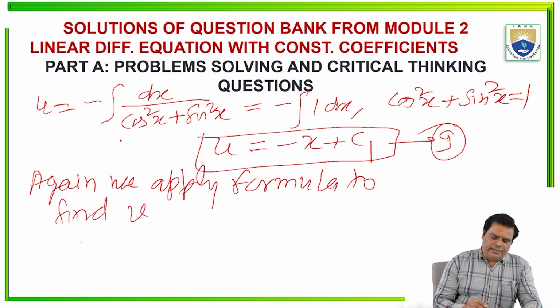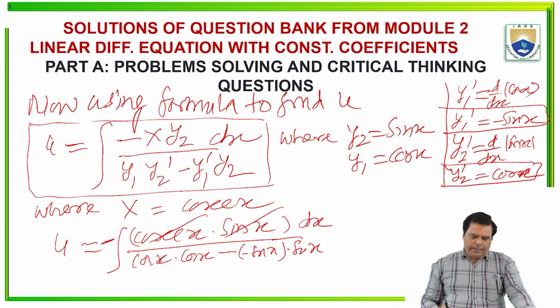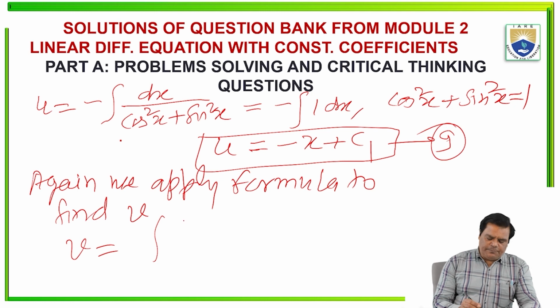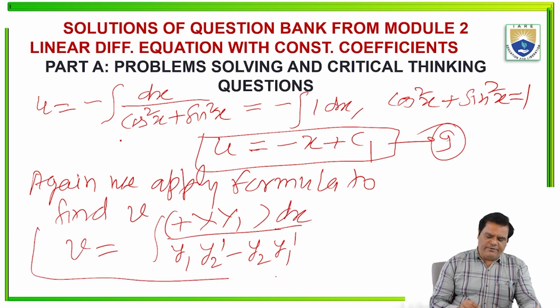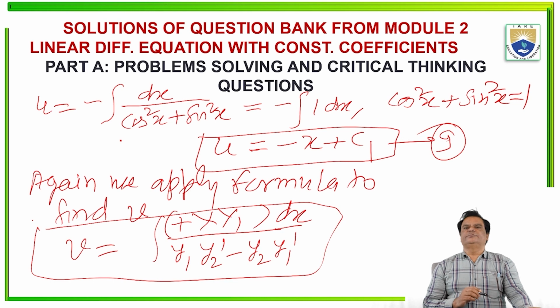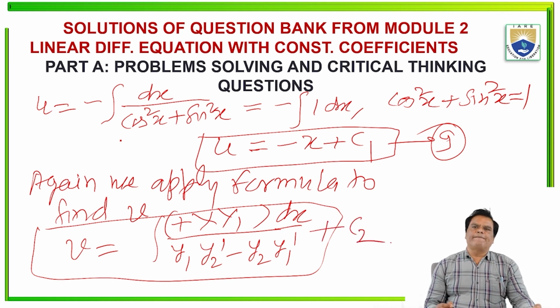So here v is equal to integration of x y1 upon y1 y2 dash minus y2 y1 dash dx. This is the formula for finding v. Here is some arbitrary constant plus c2.